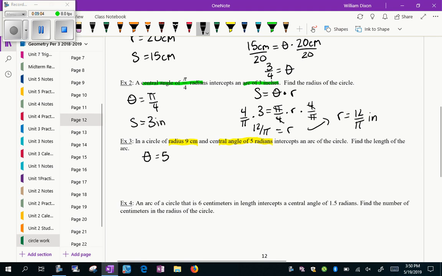And then I have a radius equals 9 centimeters. I have my equation, and the arc is what I'm looking for. I'm looking for the length of the arc, which is theta times the radius. So S equals 5 times 9 centimeters, and S equals 45 centimeters.